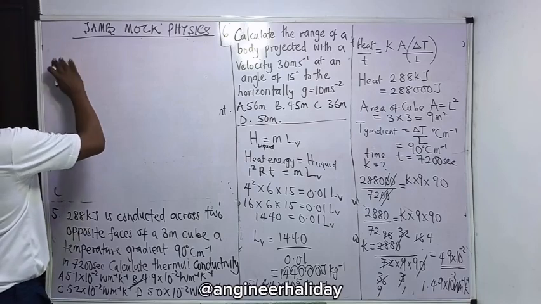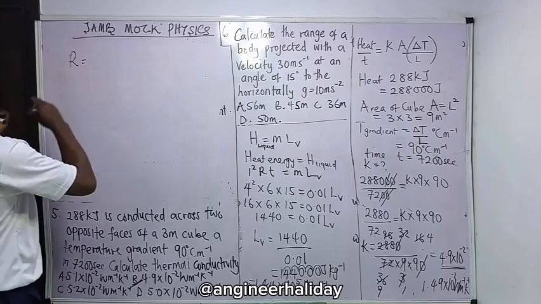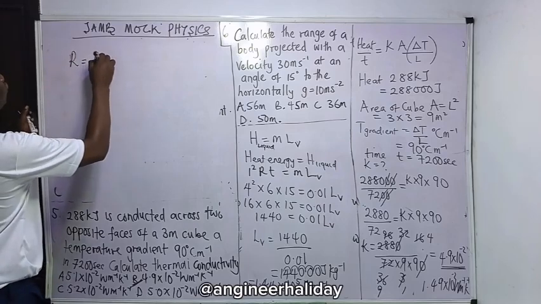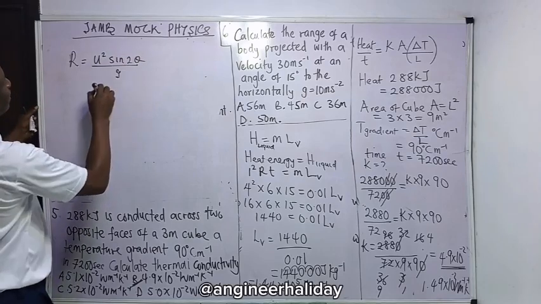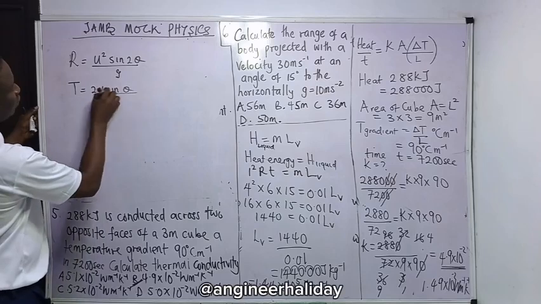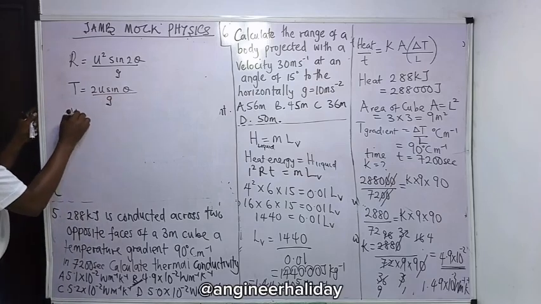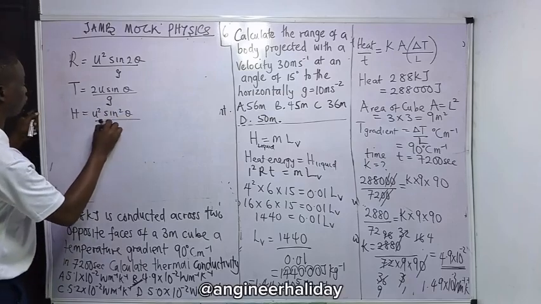So that is to say that what? The range formula, don't forget, is equal to u square sine 2 theta over g. Don't forget time of flight is equal to 2u sine theta over g. We have maximum height is equal to u square sine square theta over 2g.